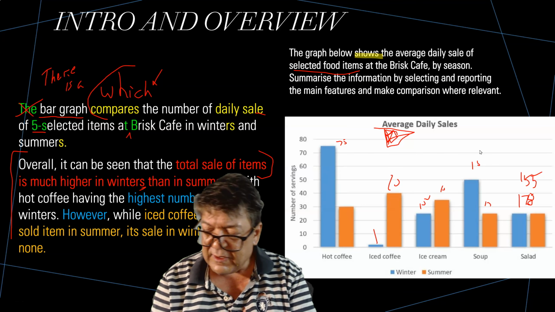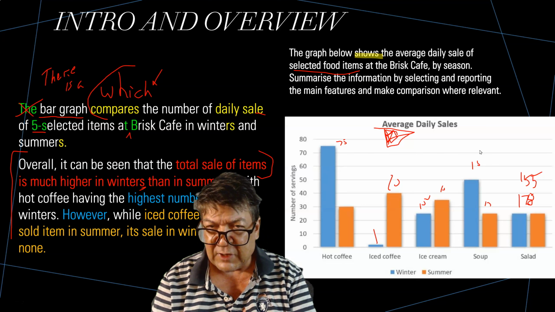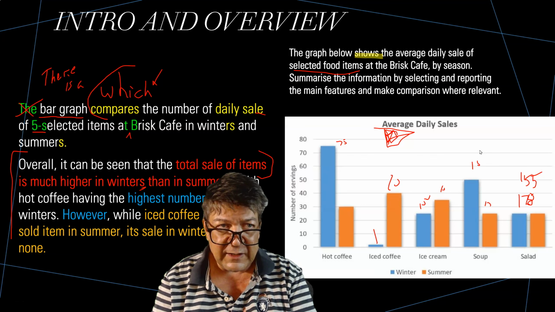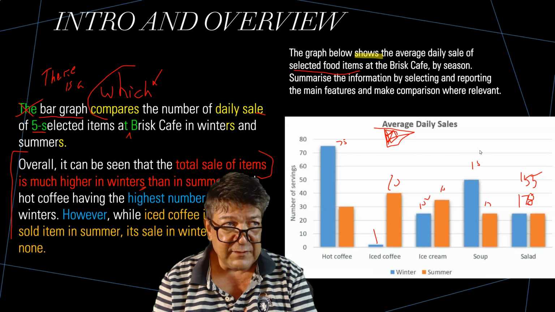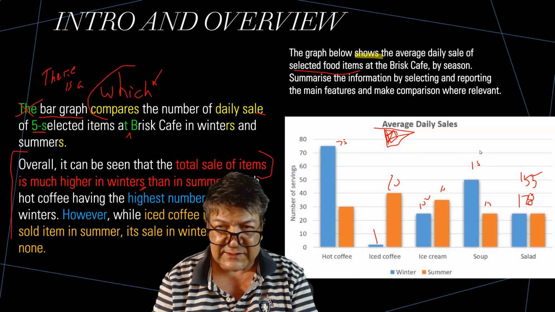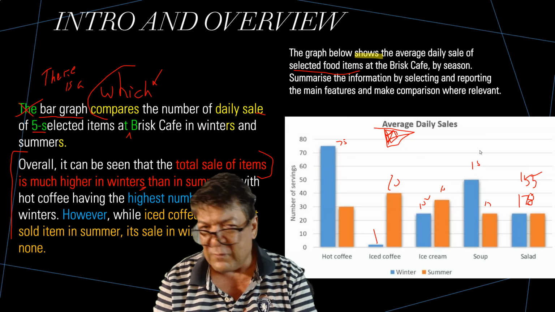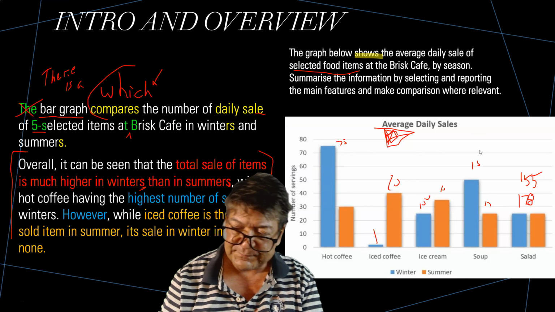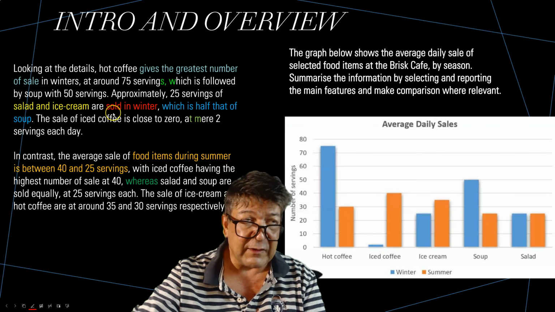Now, "however" has to contrast the point that comes before it. Okay? And iced coffee is the most sold item in summer. Yeah, I guess that's a contrast, but that's a detail. That's not part of the overview. That's a detail. Okay, and then you've got your 2 paragraphs.